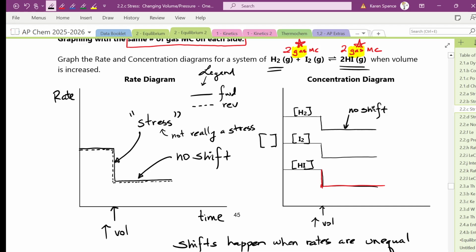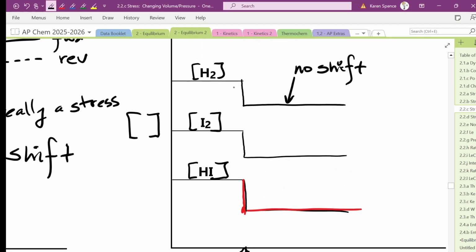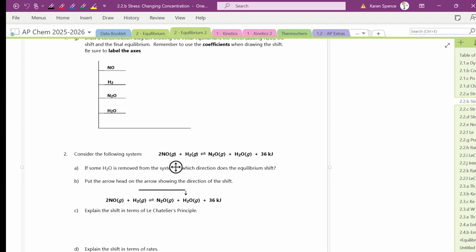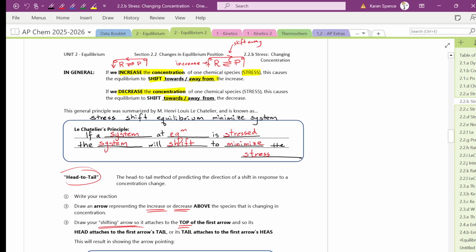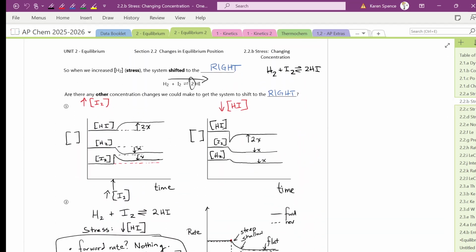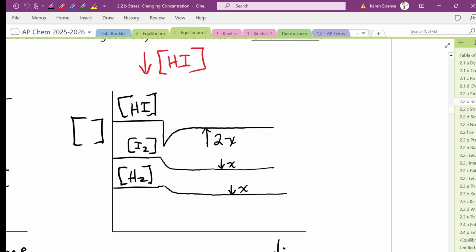And do you notice, if you're changing pressure or volume, all of the concentrations either increase or decrease. Was that the case when we changed a concentration? Did we have all three of them change when we just changed a concentration?